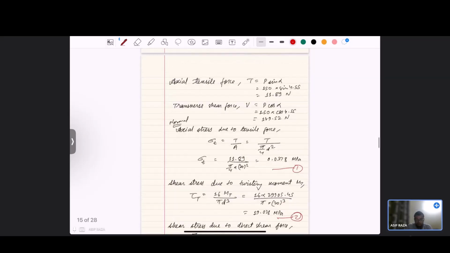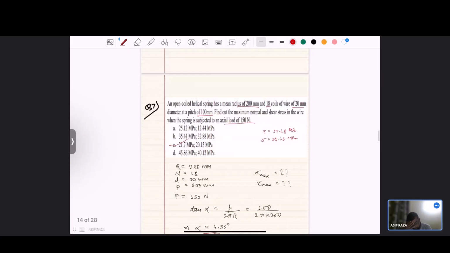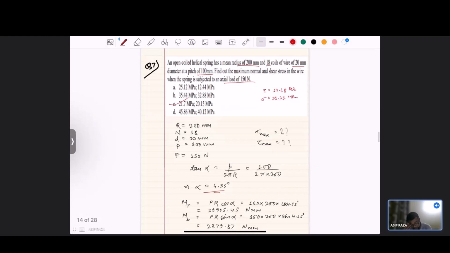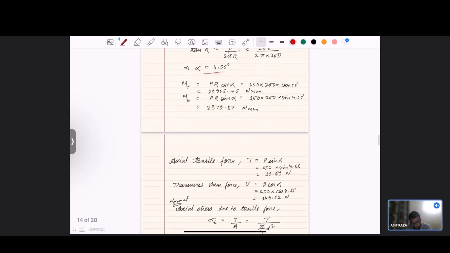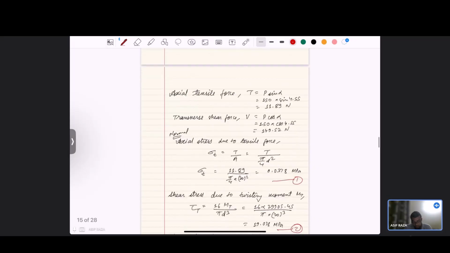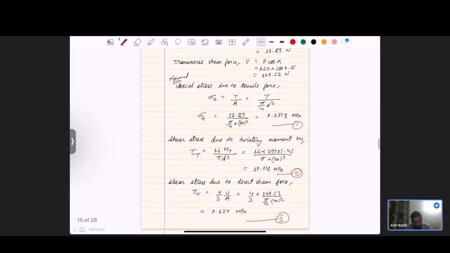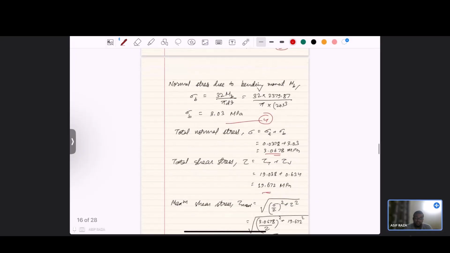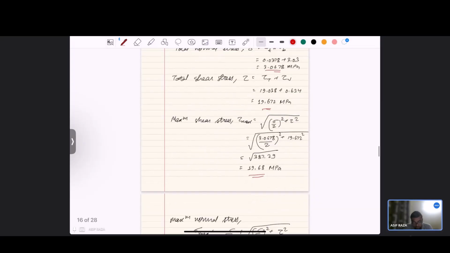So please go through this carefully. In this question, we need to find the normal stress and shear stress due to bending, twisting, then the axial tensile force acting on the wire itself and the transverse shear force acting on the wire itself, and then we calculate the shear stresses. Then to find the maximum shear and normal stress, we use the formula provided earlier in the previous discussion sessions.